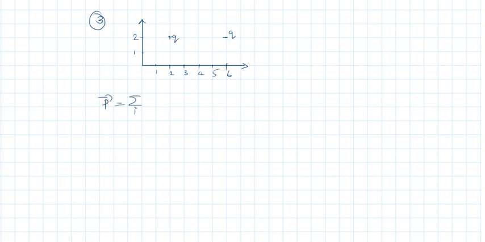Now, if you consider a charge distribution which is like plus q charge here and a minus q charge here, at x equal to 2 and x equal to 6, both at y equal to 2. Then the dipole moment P is the sum over i from 1 to 2 of qi ri vector.